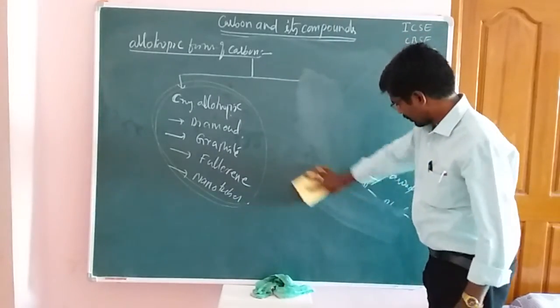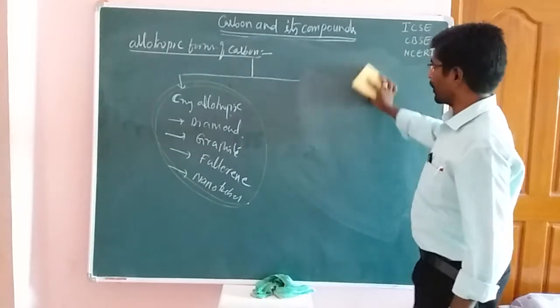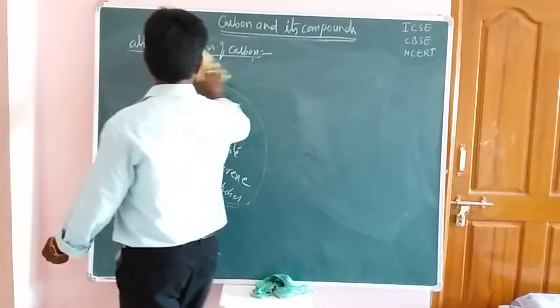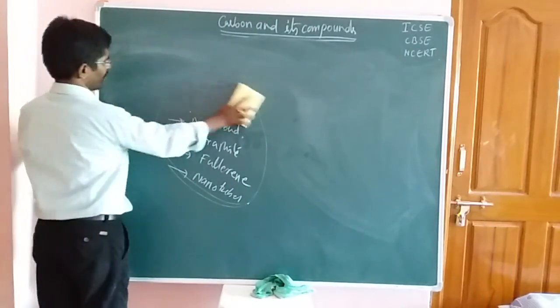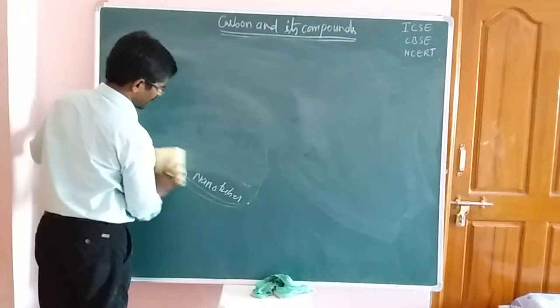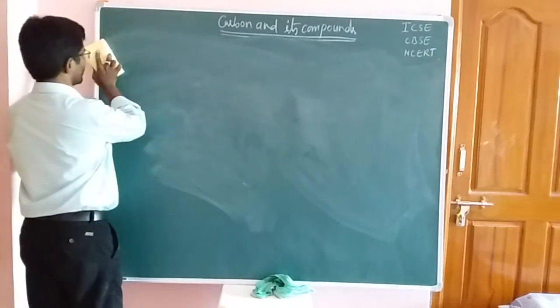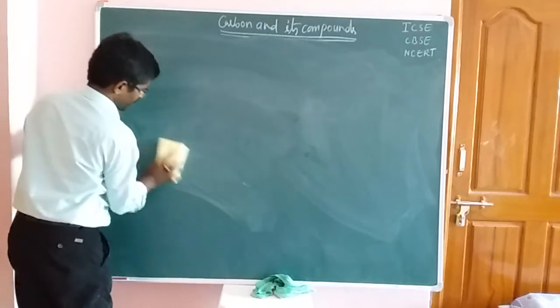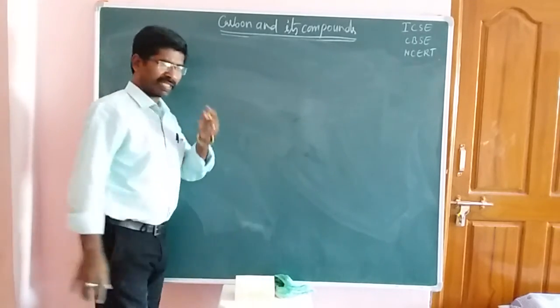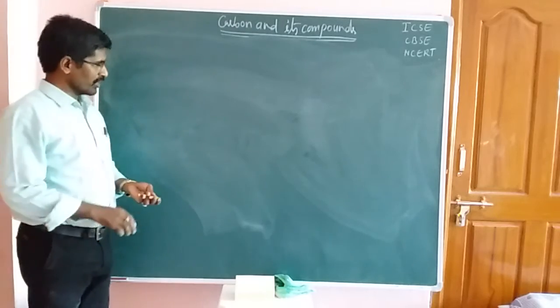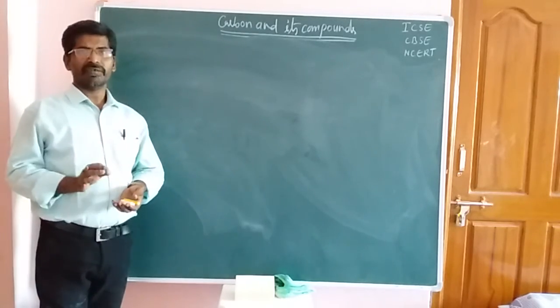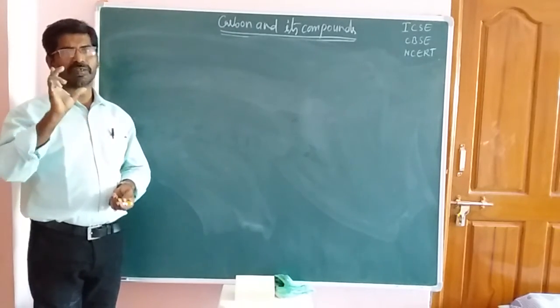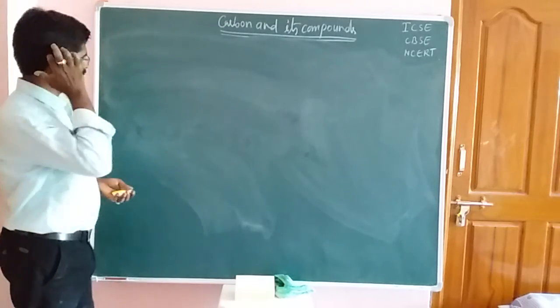First of all, the diamond. What is the nature of diamond? We will cover each and every point of the diamond. Actually this is a completely theory part, so you should listen point by point. I will cover the maximum points without fail.